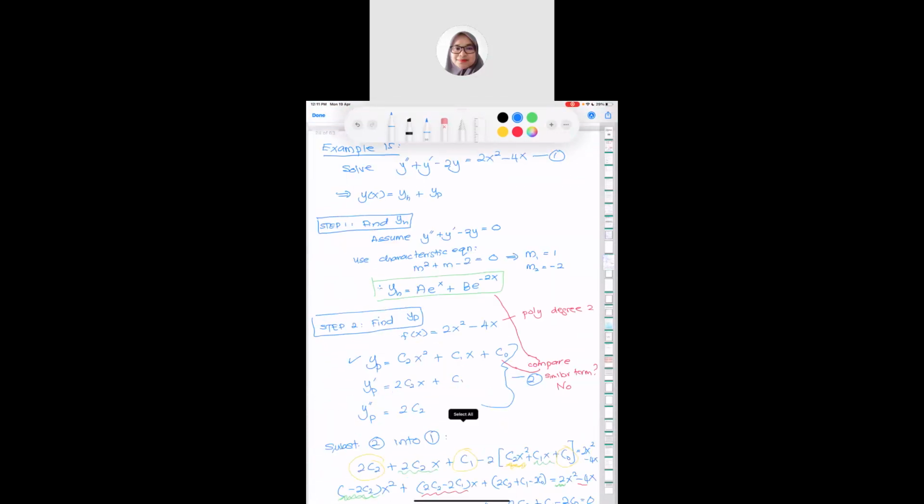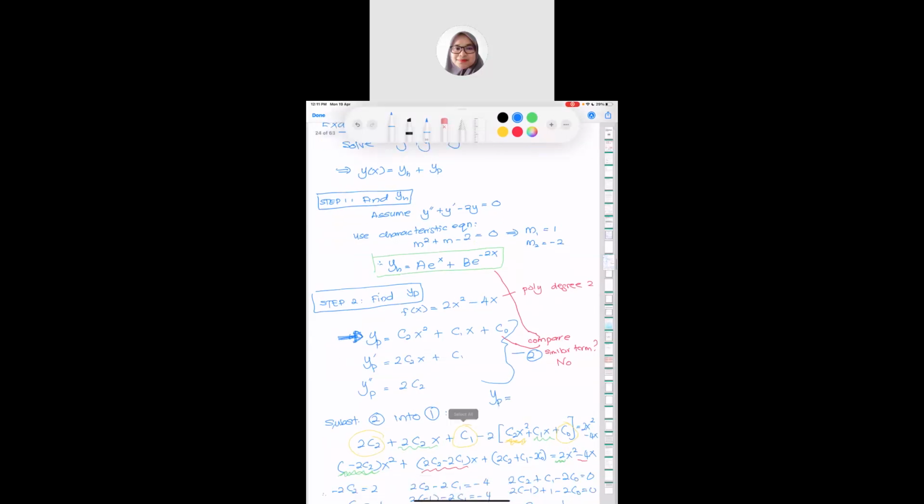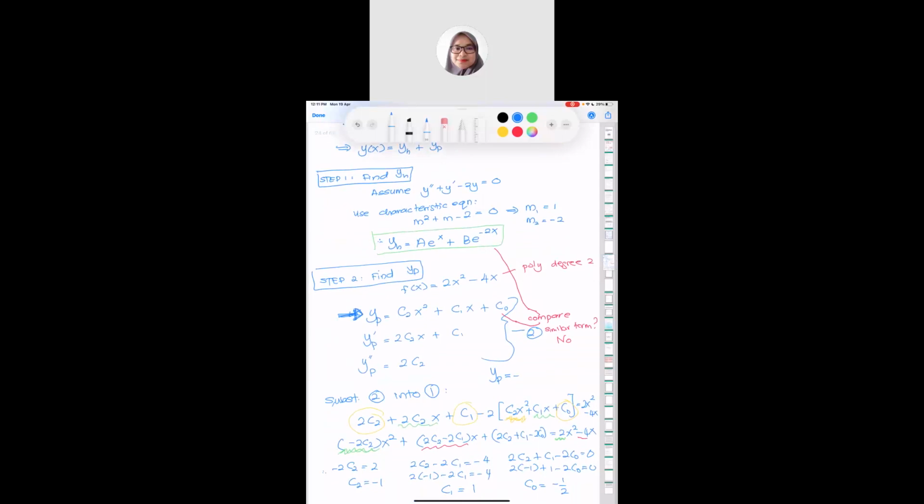Okay. Masukkan balik dalam ni, so you akan dapat balik YP. So YP equal to C2 is negative X squared, C1 equal to 1 plus X, okay, and constant C0 equal to negative half.